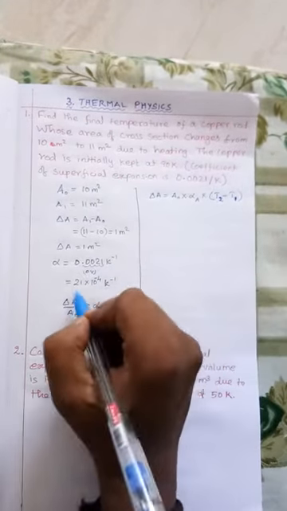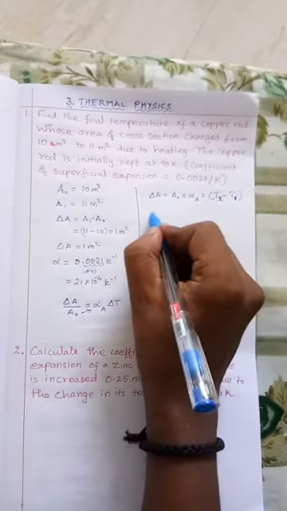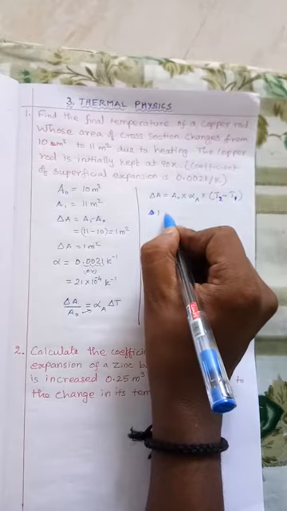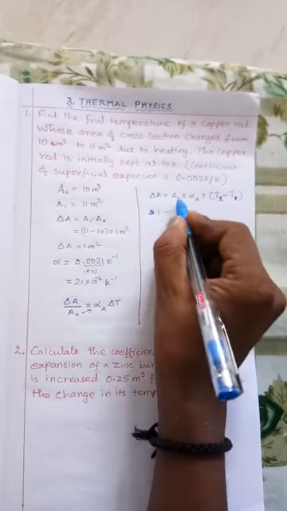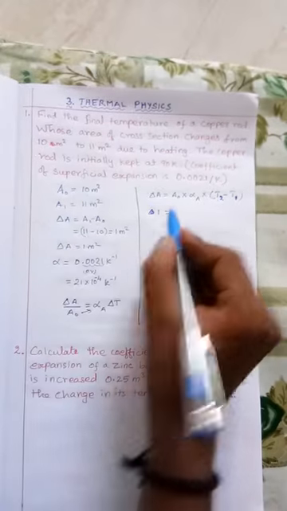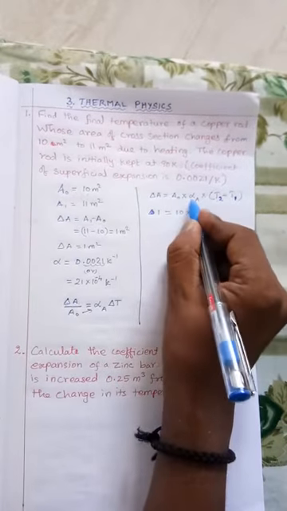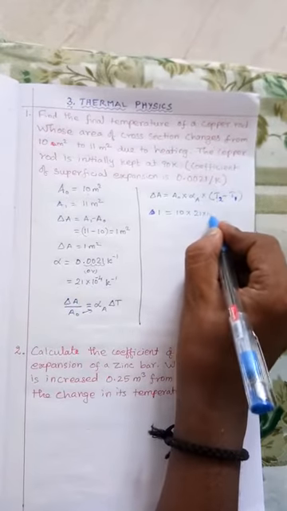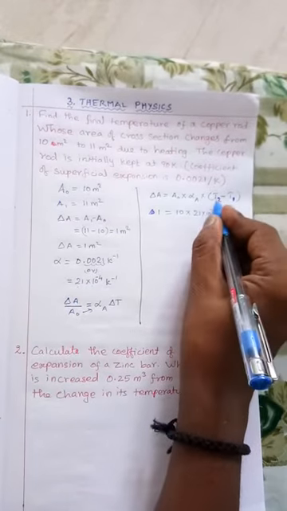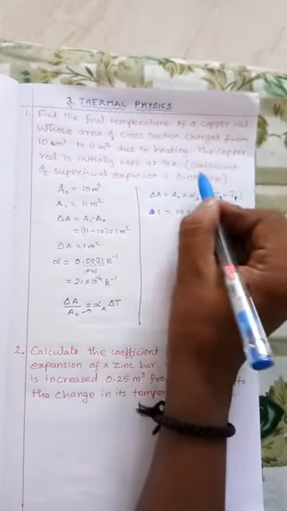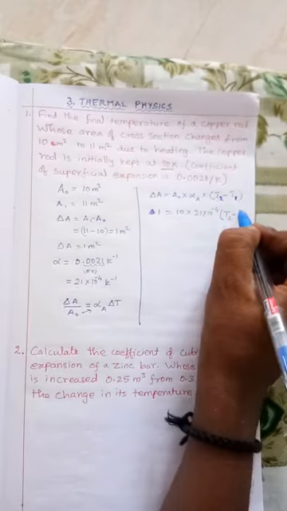So now substitute the values. Delta A is 1, equal to A naught value 10, alpha A value 21 into 10 to the minus 4, into T2, which we want to find, minus T1, which is given as 90 Kelvin.